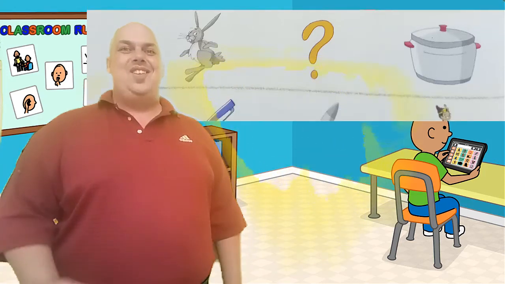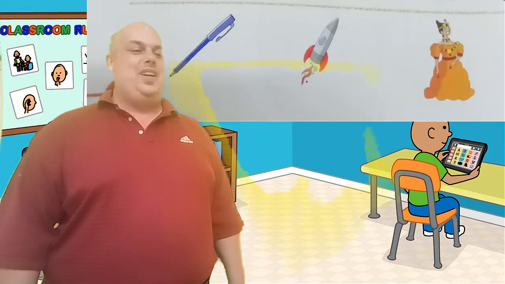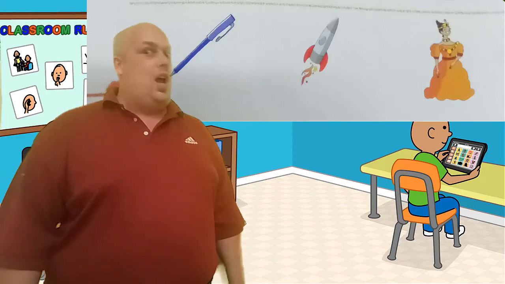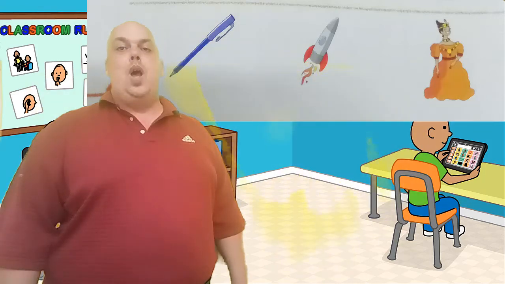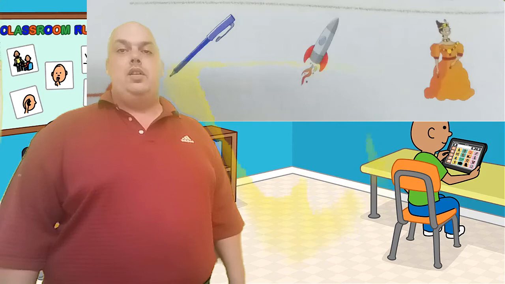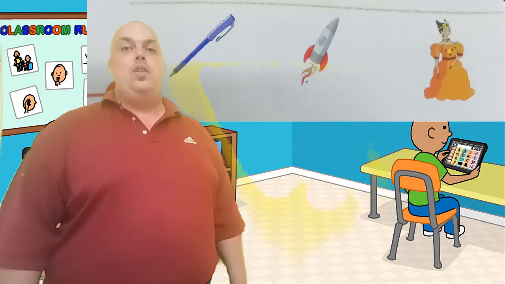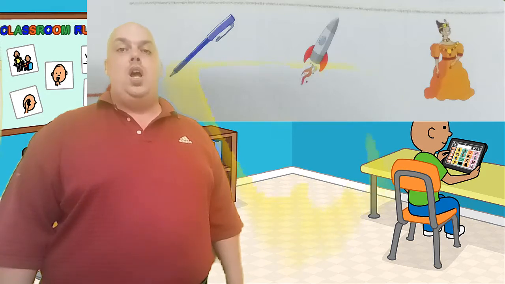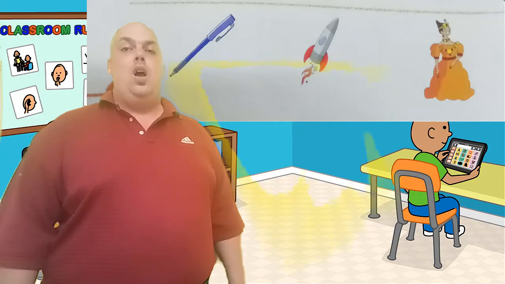Okay, now let's go to the last line over here. And what do we have over here? We have a pen, a rocket, and a queen. I want you to circle the picture that starts with the qu sound. Qu, qu, qu, qu.